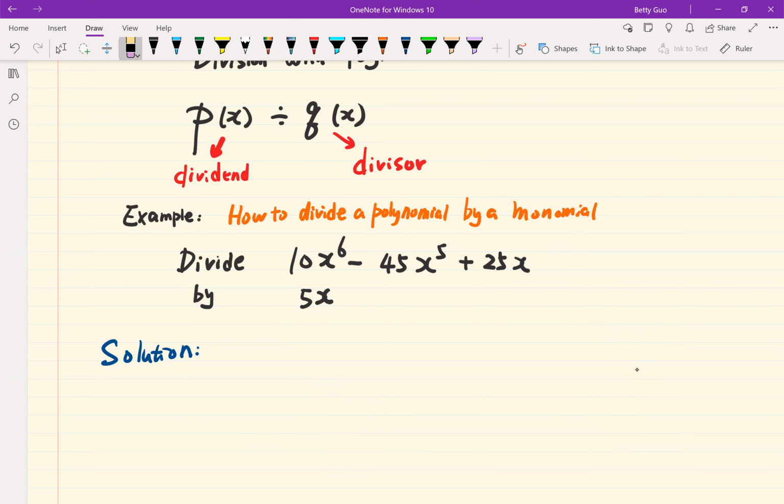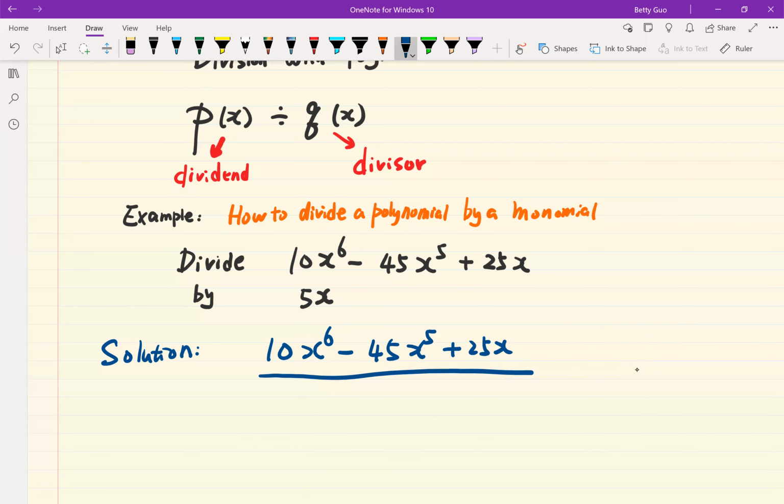So we can write the trinomial in the numerator, and the division symbol we draw as a fraction bar, with 5x below.